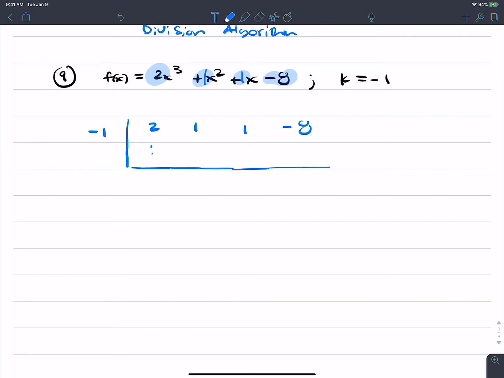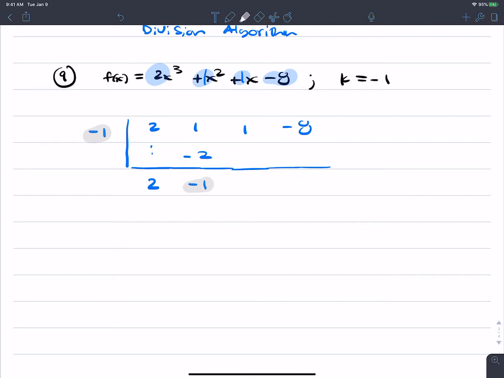So bring down the 2. Multiply negative 1 and 2. That gives you negative 2. Add here, and you get 1 minus 2 is negative 1. You're just going to repeat the process now.